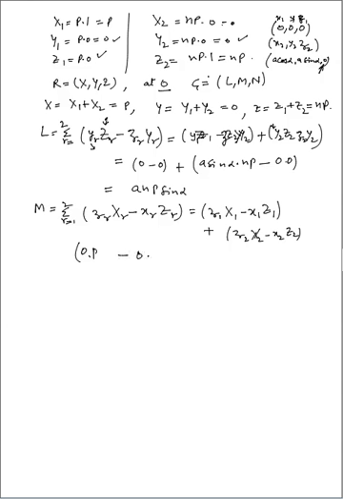So this is 0, plus z2 is A sin alpha into capital X2 is 0.